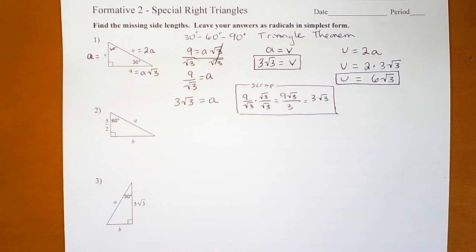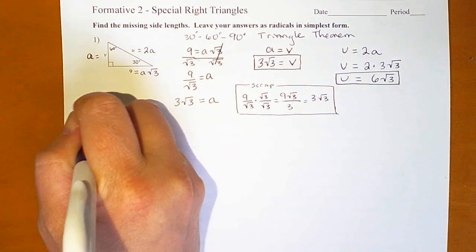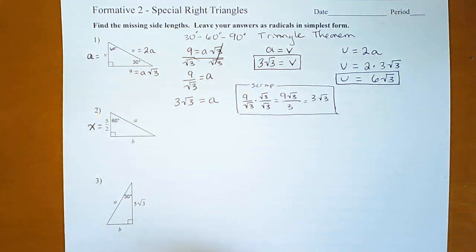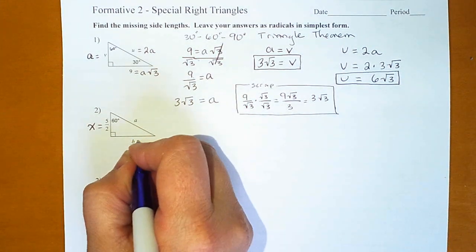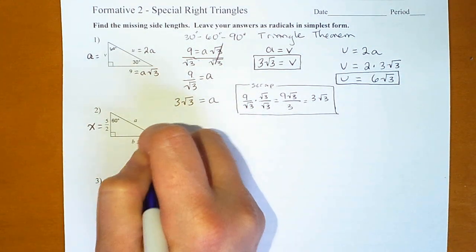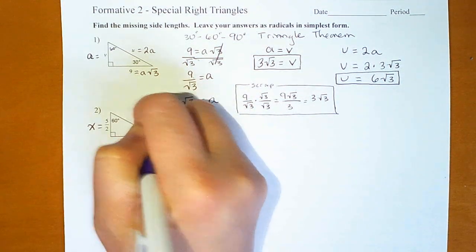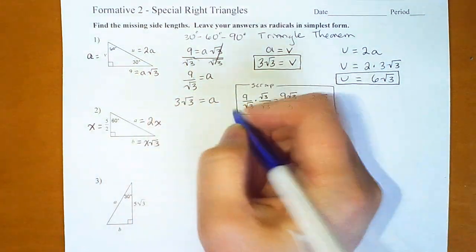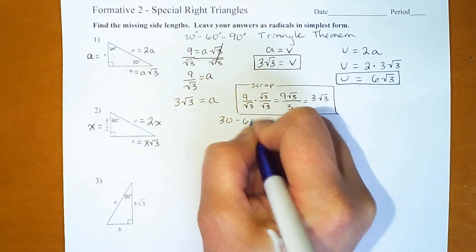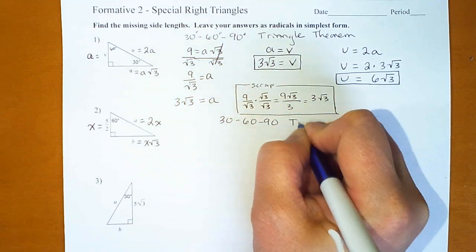So I'm actually going to call this shorter side X, and my longer leg would then be X root 3, and my hypotenuse would be 2X, and I am still using the 30, 60, 90 triangle theorem.